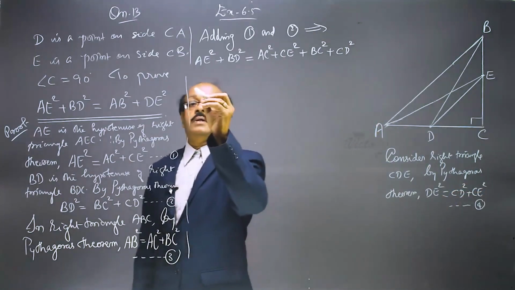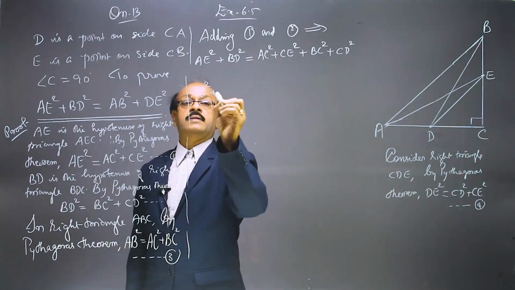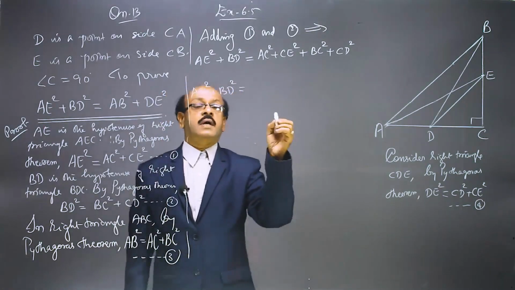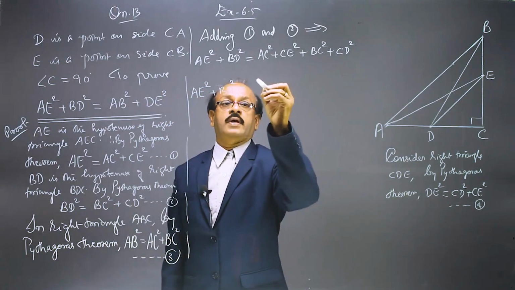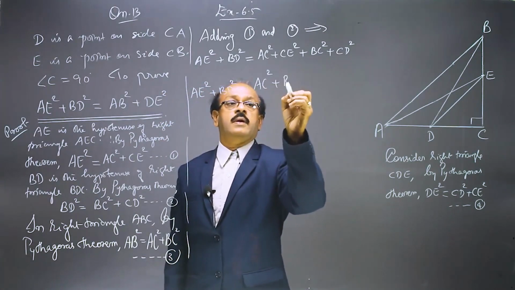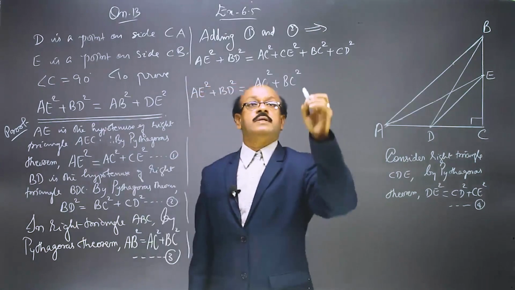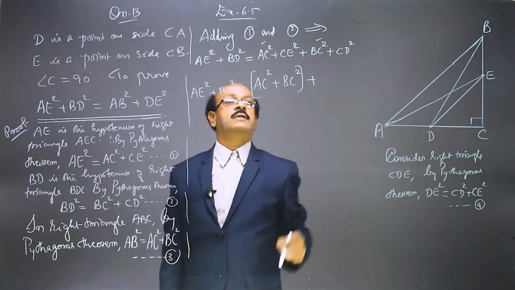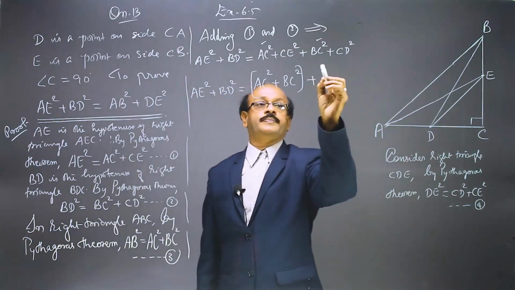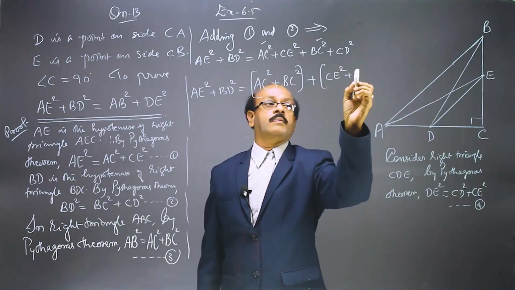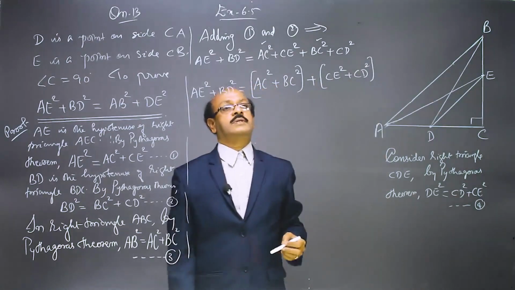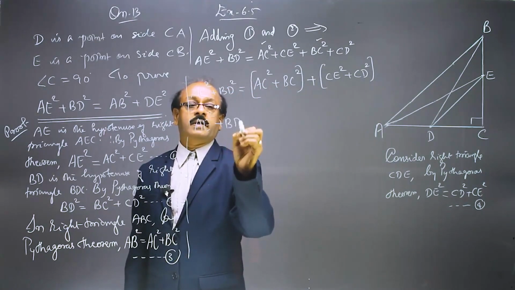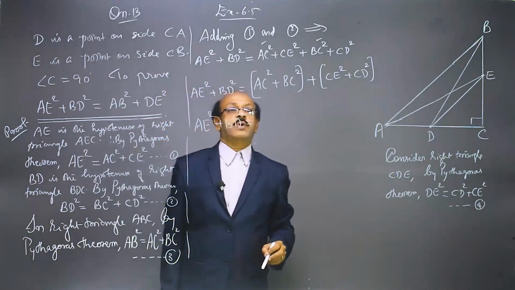Now, AE square plus BD square is equal to, adjusting the terms of this equation, AC square plus BC square, taking these two terms together, then plus CE square plus CD square.